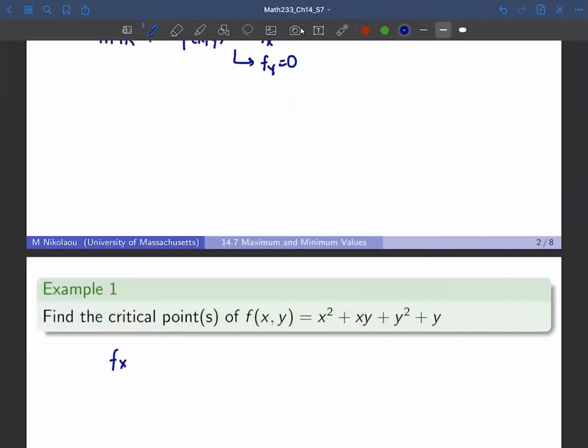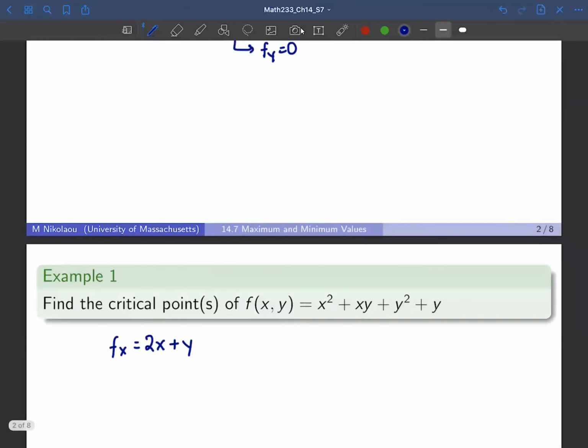So fx would be equal to the derivative of x squared with respect to x, which is 2x, plus the derivative of x times y, which is just y, and the partial derivatives of y squared and y with respect to x are equal to 0. Then we find the partial derivative of f with respect to y, which would be equal to x plus 2y plus 1.